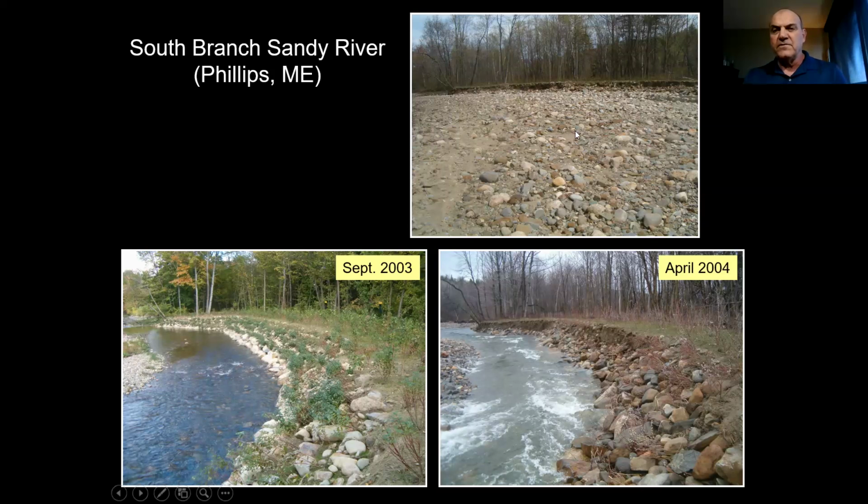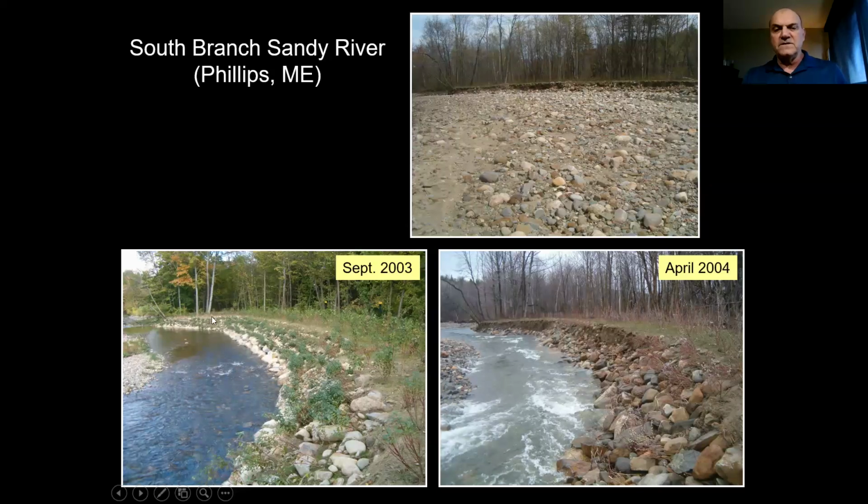And so as this gravel bar in the upper photograph grows, the water is diverted into the opposite bank. If you're unaware of how the sediment transport has been affected by this human manipulation, this channel straightening, in this case, immediately upstream of this large gravel bar is a straightened channel, similar to what I just showed you.